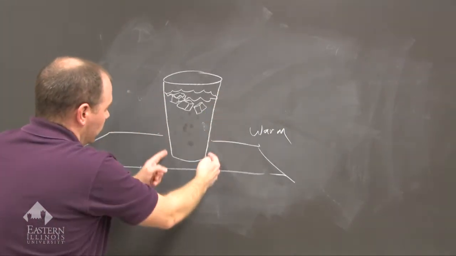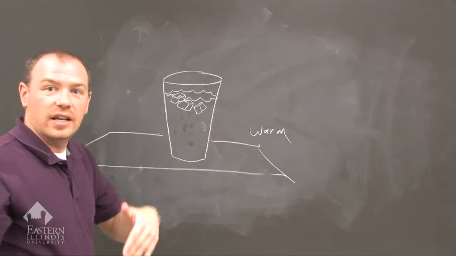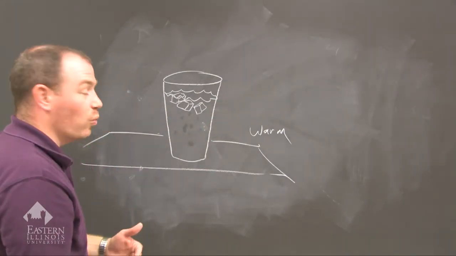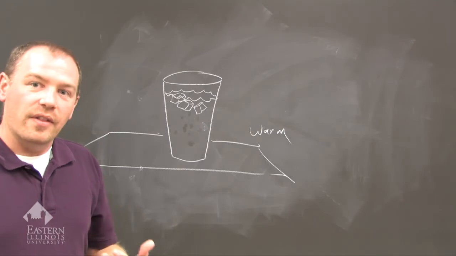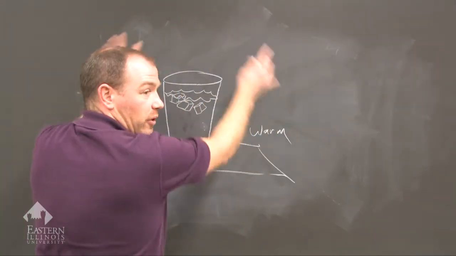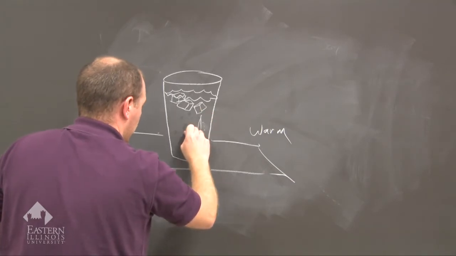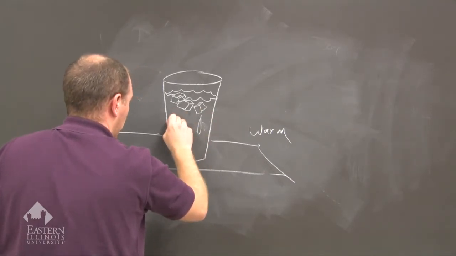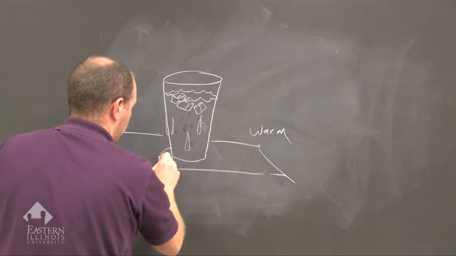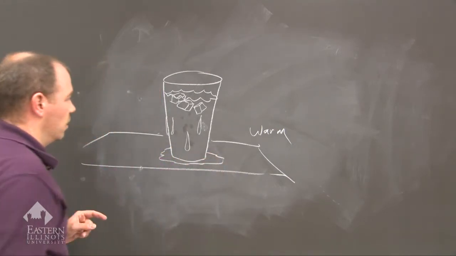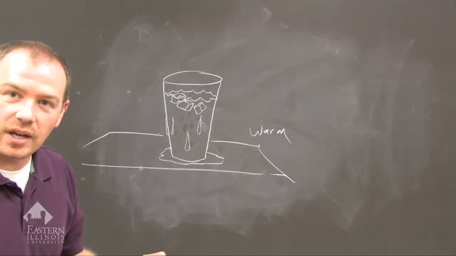So the air adjacent to the glass is cooling. And when it cools, there's water vapor in this air. So when it cools, that's when we get sweat forming alongside the glass, on the outside of the glass.